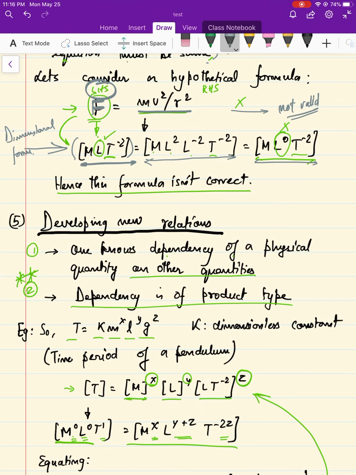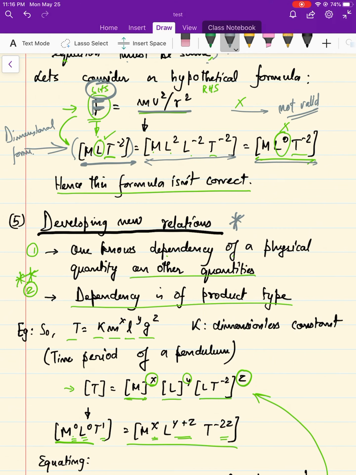But what next? You can use this principle of homogeneity and the dimensional form to develop new relations, and this is something which you might use later in your life, because if you know how a physical quantity depends, and I repeat, how a physical quantity depends on other physical quantities or even fundamental quantities that you have, then you can establish a relation between your unknown quantity and your given quantity within some constraints.